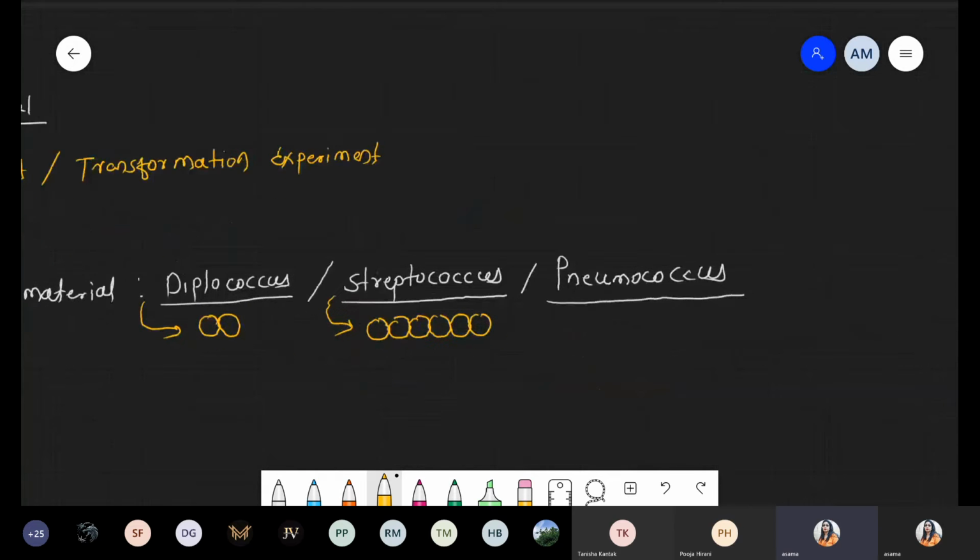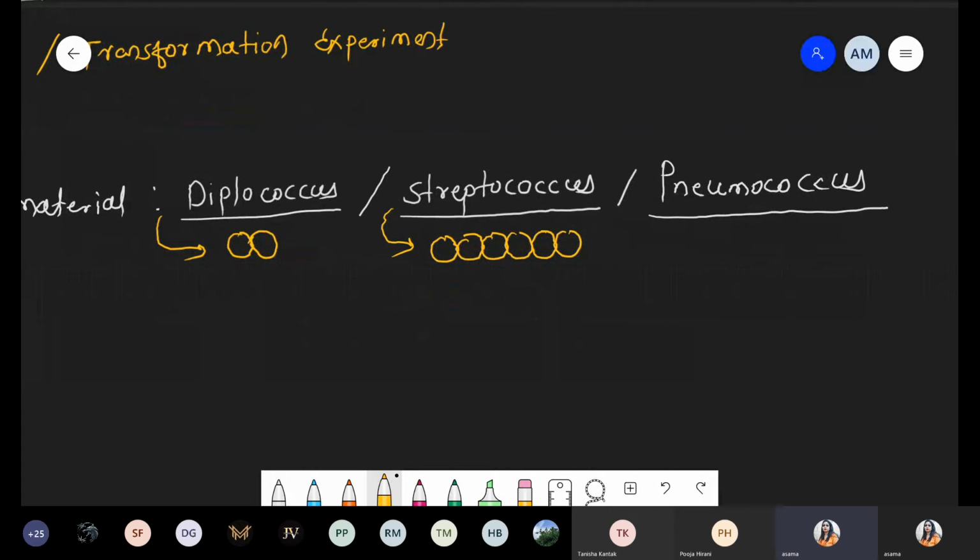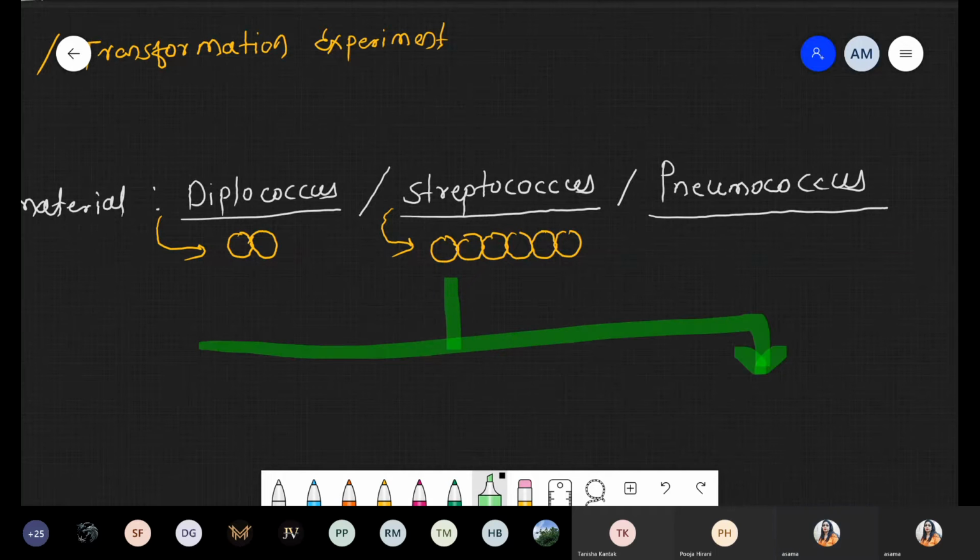Now, for the further study of certain bacterial species, that is cocci, diplococci, streptococci, or the pneumococci species, the scientist Griffith used two strains of bacteria.